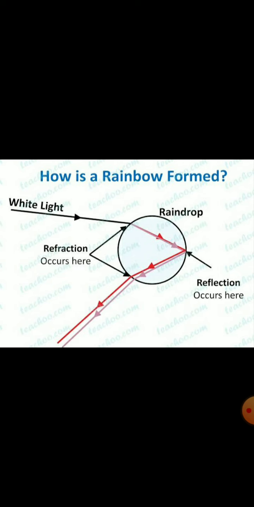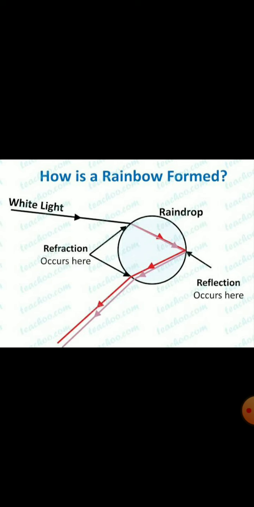When a ray of light enters from air into a raindrop or a water droplet, within that water droplet, reflection will take place, and that is called internal reflection.